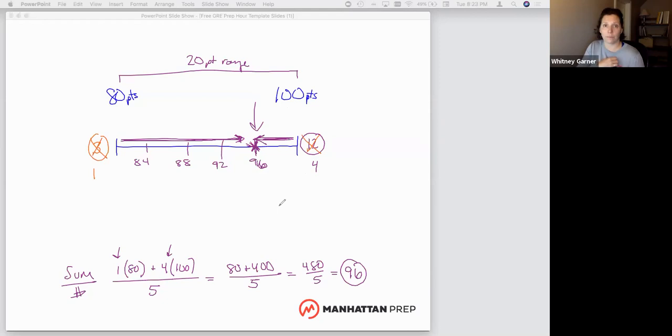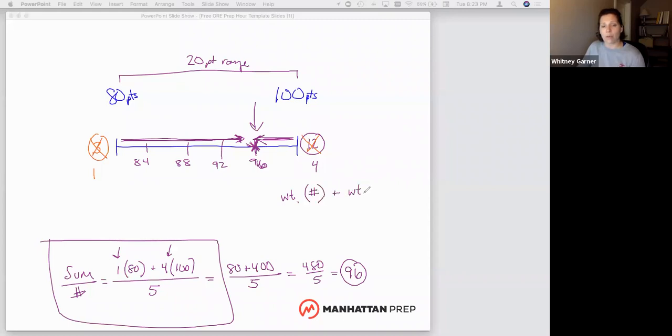Now here's the deal. When you're given all the endpoints and you're asked to solve for the average, a lot of times it really is going to be easier to throw it into the weighted average formula. The formal weighted average formula is the weight of the first thing times that number, plus the weight of the second thing times that number.